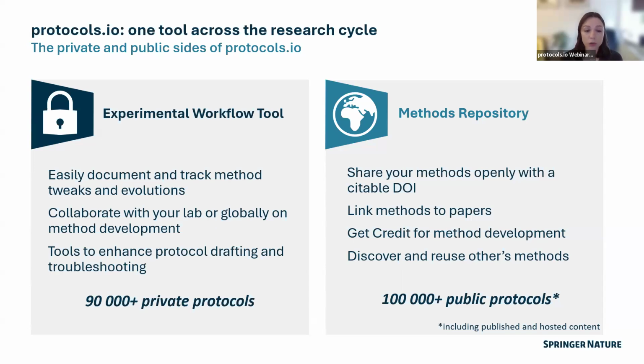What we also do is we host content from external methods journals from within Springer Nature. So that would be something like Springer Protocols. And what that does is it allows the Springer protocols to benefit from the really dynamic and interactive format that Protocol Studio has, which I'll talk about a little bit on the next slide.